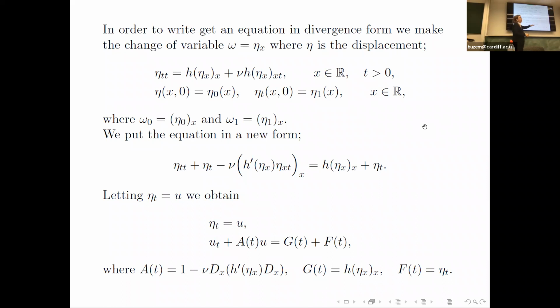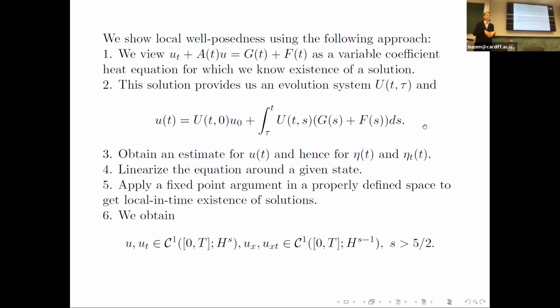I will treat the second equation as a variable coefficient heat equation, and I know the solution of that equation. It gives me an evolution system, right? It gives me bounds on u, etc. And then I define a suitable set to recover the given eta from u. So it will be a fixed point argument. You give an eta, I fix it, I solve the equation as a variable coefficient heat equation, and then in that set, I do a fixed point argument to recover the given eta by Banach's fixed point theorem, basically.